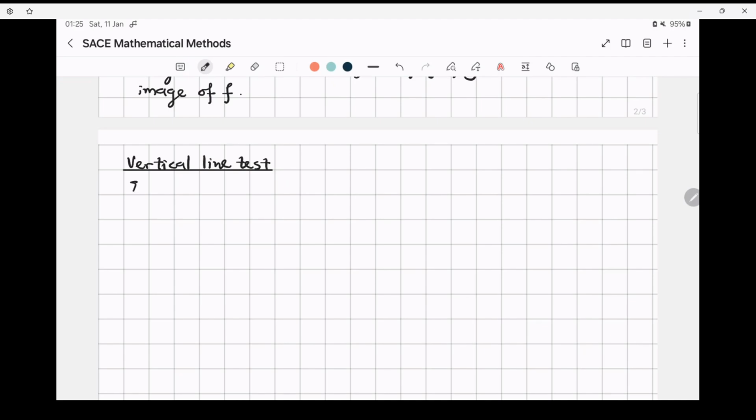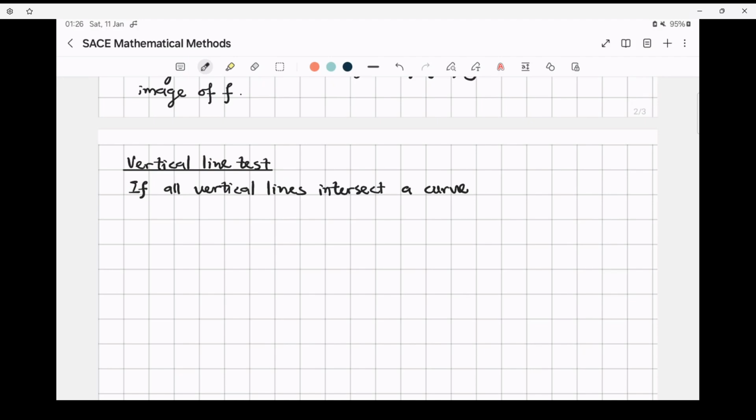So the idea is that if all the vertical lines intersect the curve, at this point let's not call it a function, because before we perform the test we wouldn't know whether the curve is a function or not.